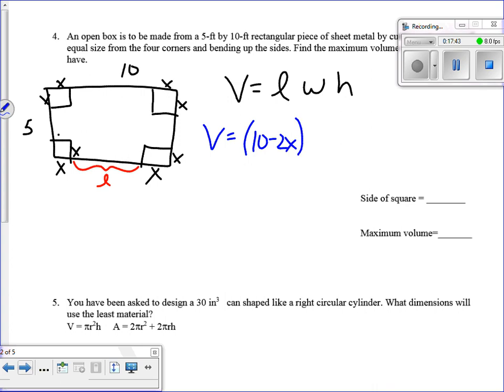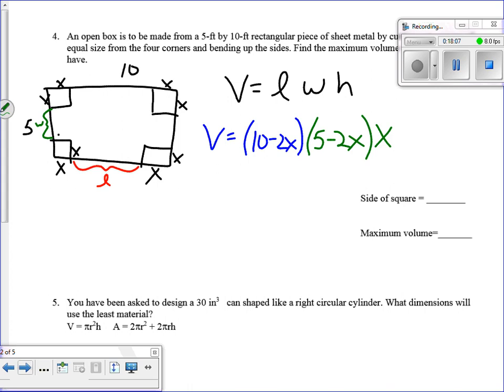Right? The width, if I call this the width, would be the whole side, which was 5, again minus 2x. And the height, when you fold these sides up, would be x. All right, so the height is just going to be x.